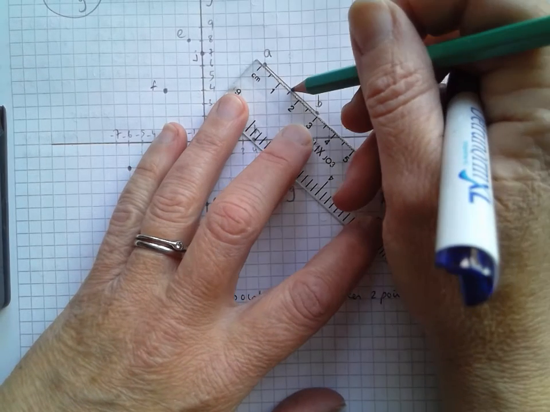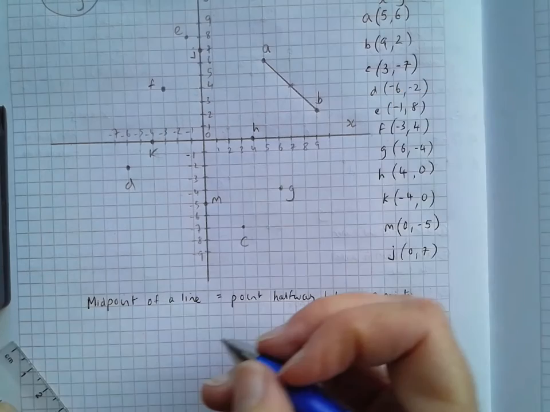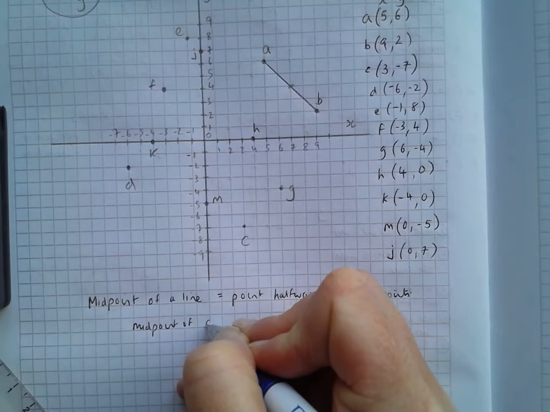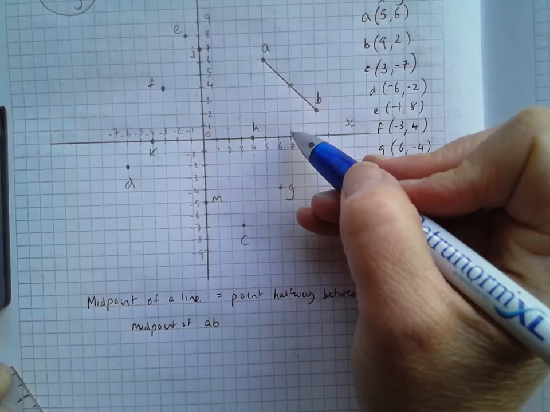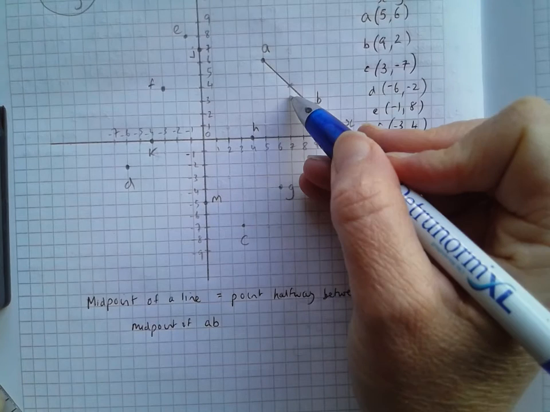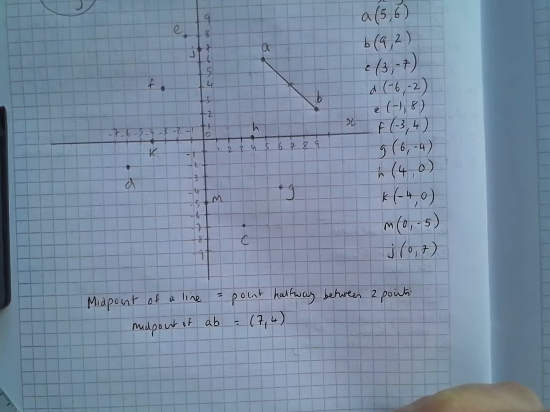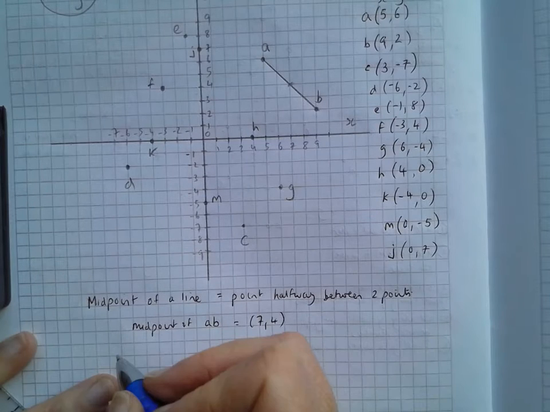So it looks like the midpoint of AB is here. It looks like the midpoint there, what we reckon, 7, 4, but we have a way of working it out so that we can be absolutely sure. So what we do is we take point A, and there's a video on this on the channel.